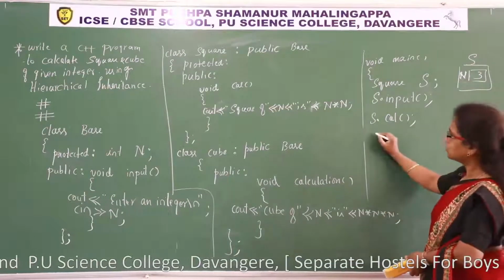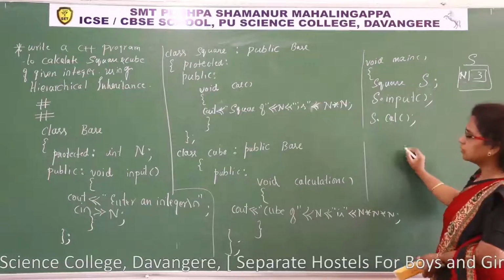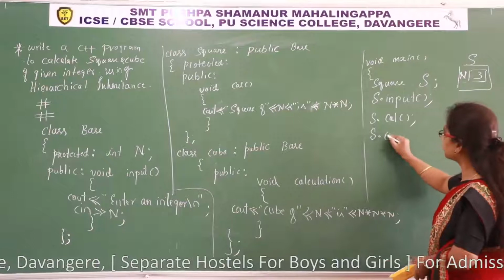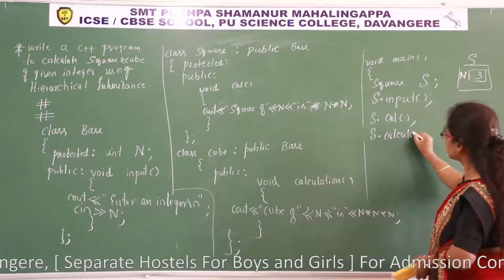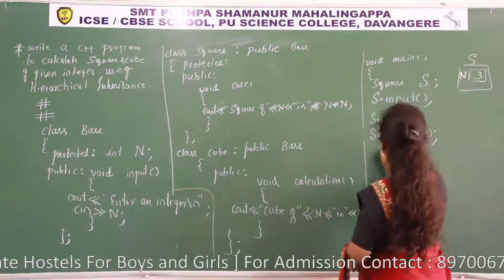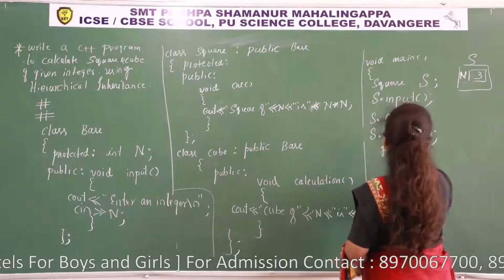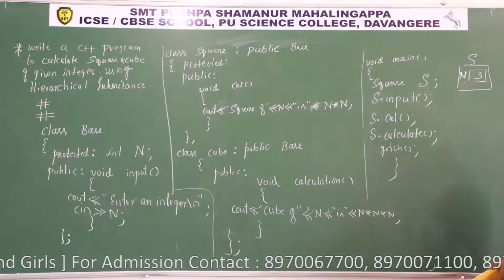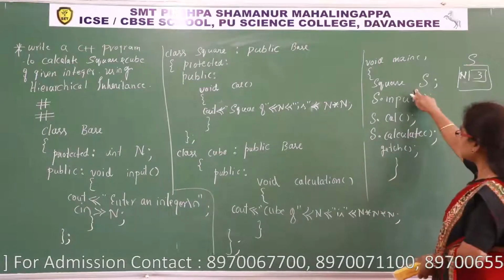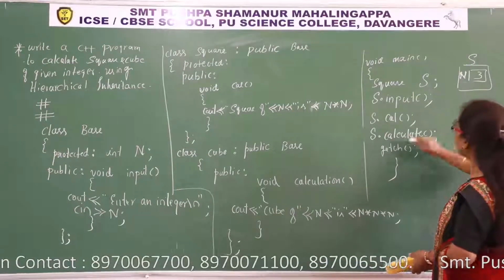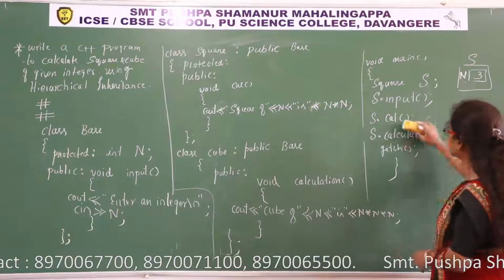Now I have to calculate cube of a given integer, so I must call yes dot calculate, open close semicolon, then getch, function close. Whenever we create object for square, sorry, I must create another object, no?